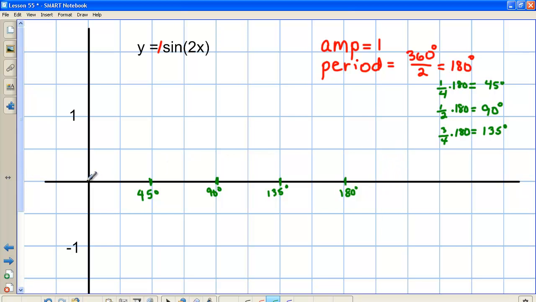The sine graph begins at 0, reaches its maximum, comes back to 0, goes to minimum, and finishes out the cycle. So one period of sine is a bump and a dip.